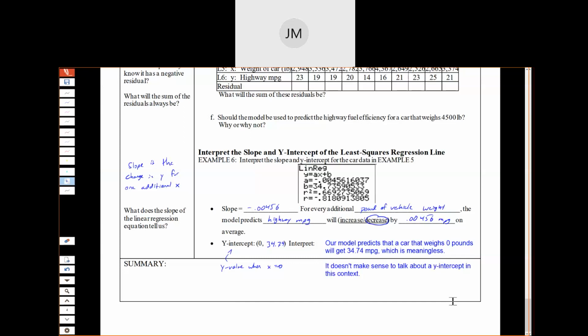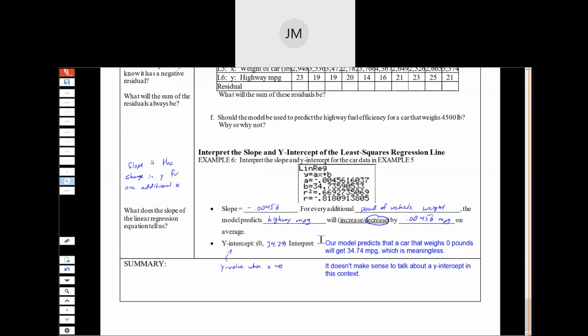We don't want to say that we're going to get 34.74 miles per gallon when you don't have a car. That doesn't make any sense at all. Okay. And in general, if your y-intercept is not in your restricted domain, then we can just forget about it, right? Because we don't care. The model doesn't apply to those outside that range.